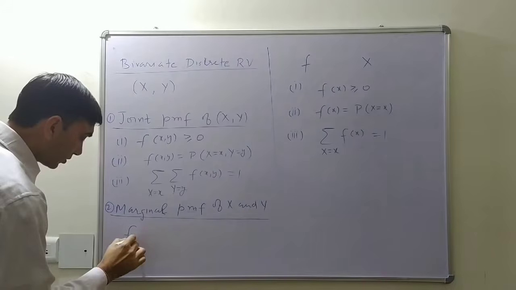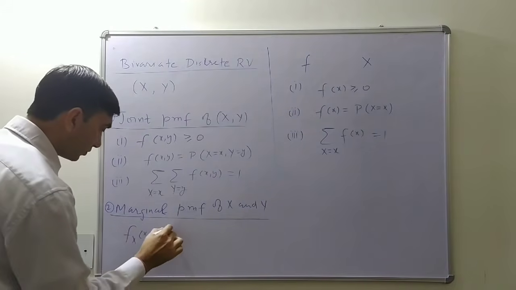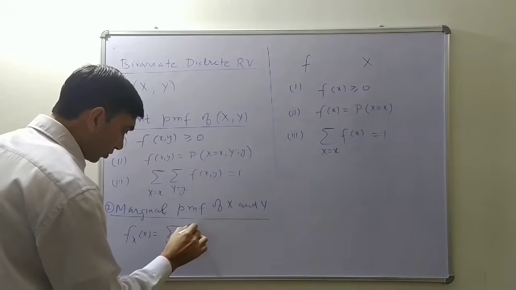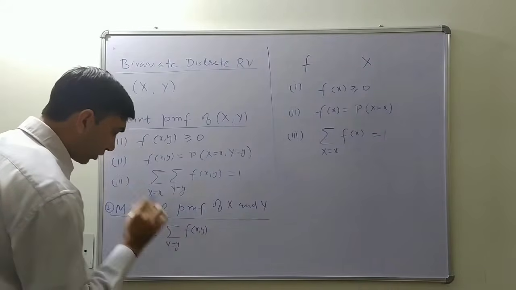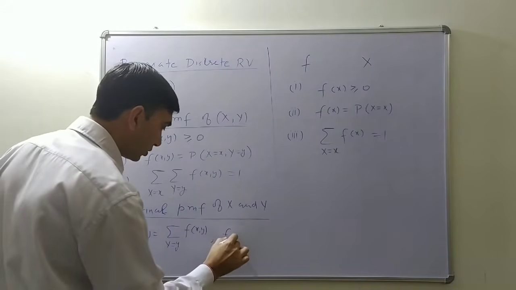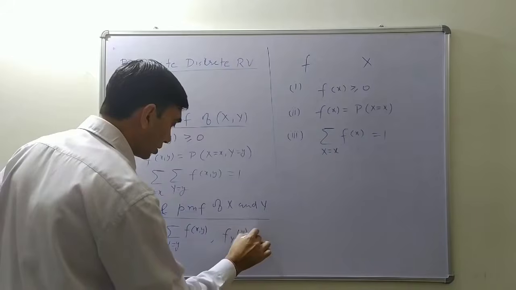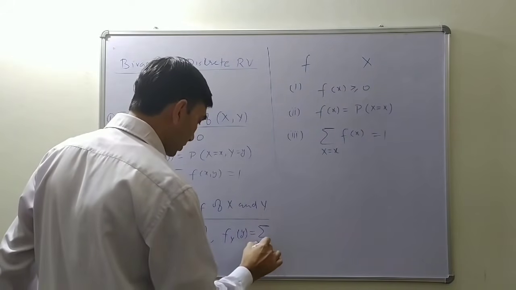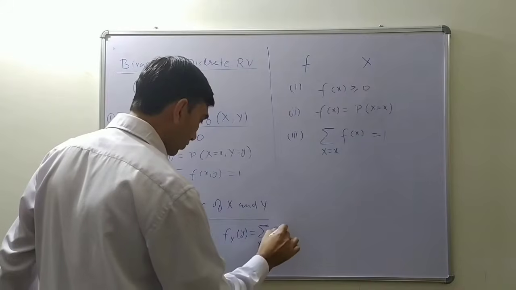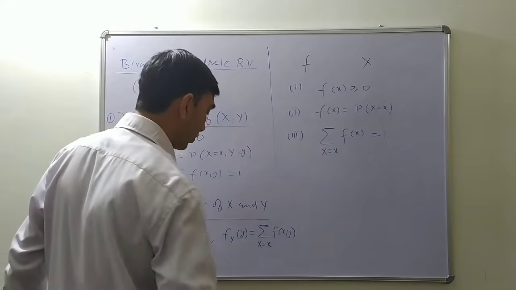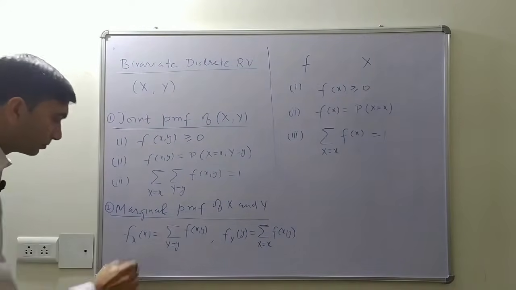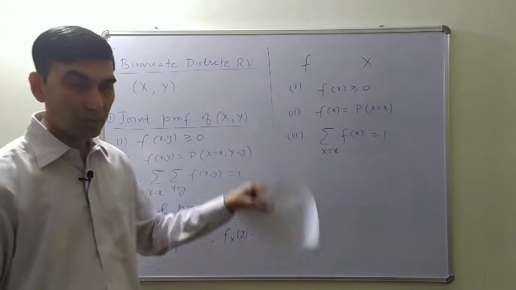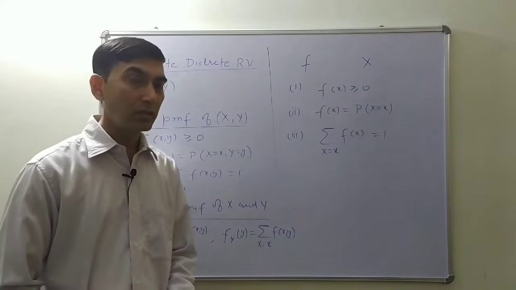These are defined as f_X(x) equal to sum of f(x,y) over y, and marginal PMF of y is defined as sum of f(x,y) over x. These are additional definitions. These are not there, of course, in case of single discrete random variable.